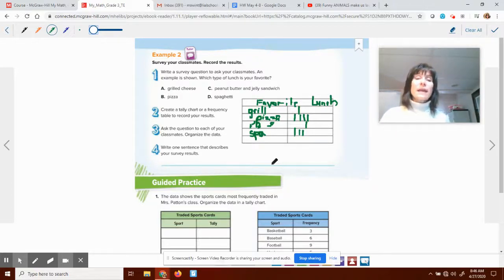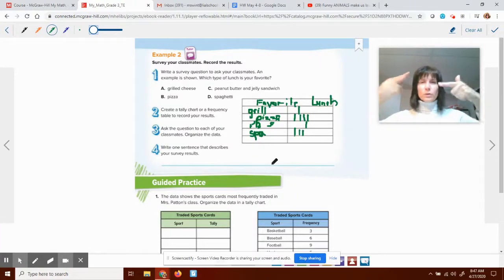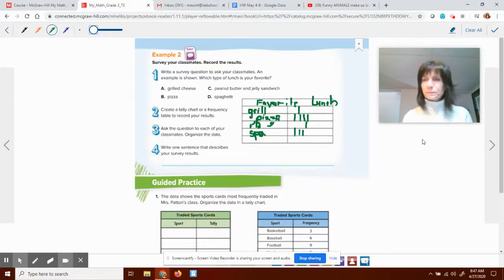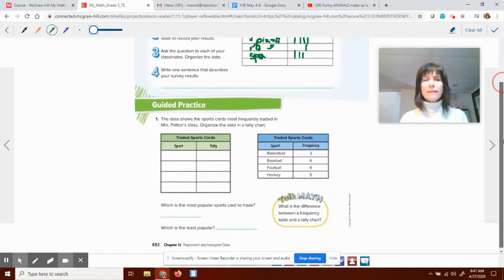I could say the same number of people like pizza as PB&J and spaghetti because it'd be 4 and 4. So when you interpret data, that's exactly what you're doing. You are using your brain. You're using all the information that you've gotten from the survey, all the data, and now you're going to put it in a sentence. Let's go ahead to the guided practice.